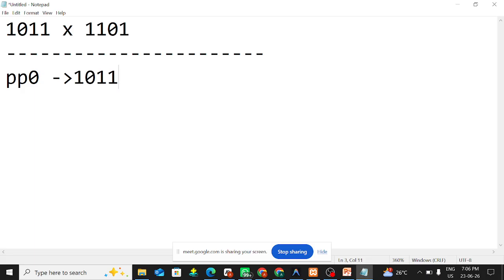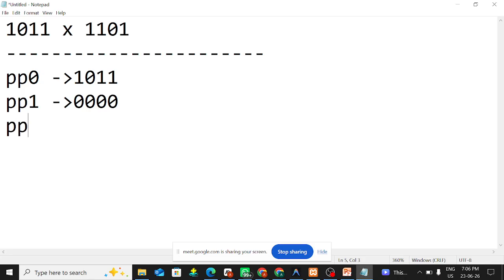Then PP1: this 0 is multiplying with these numbers, so everything becomes 0, because you are multiplying 0 with this number.